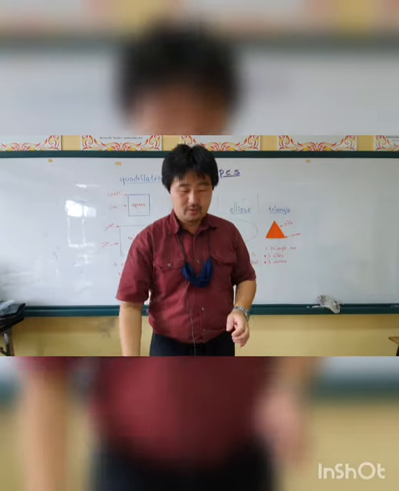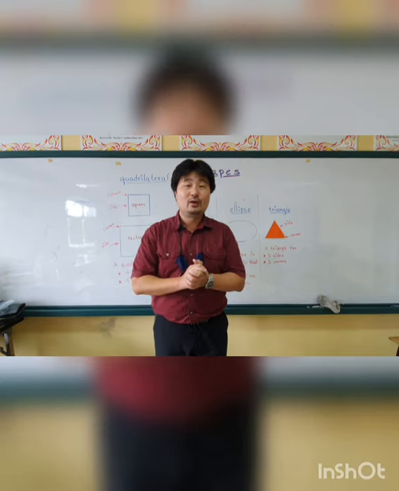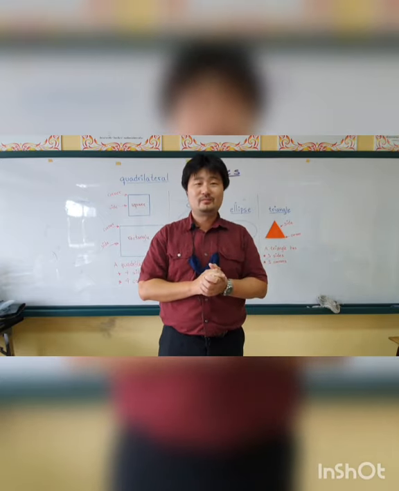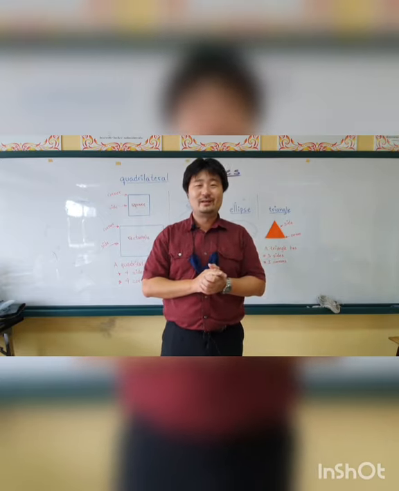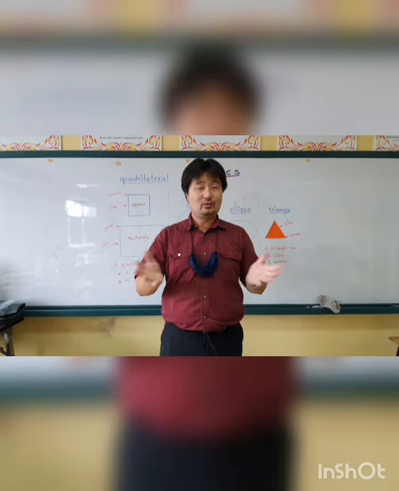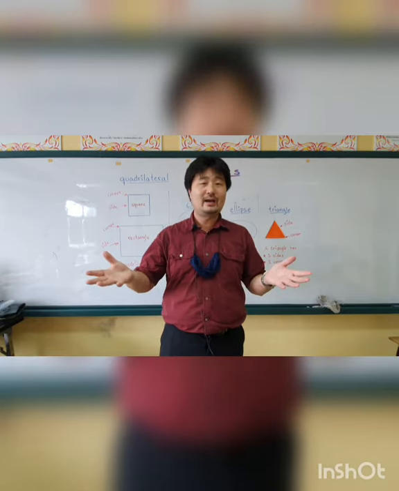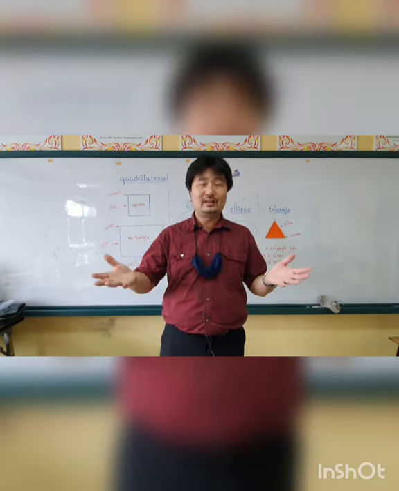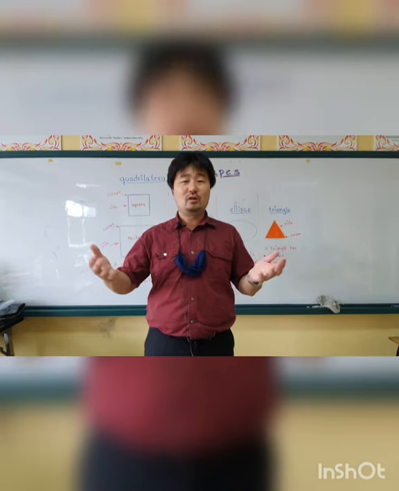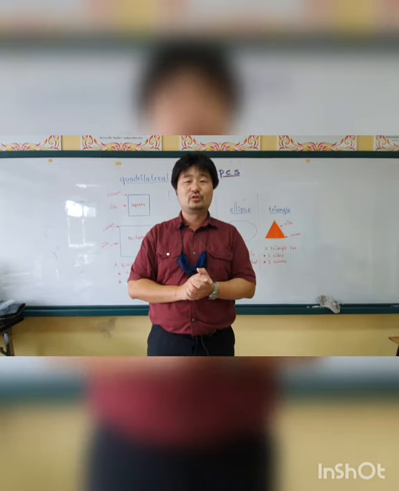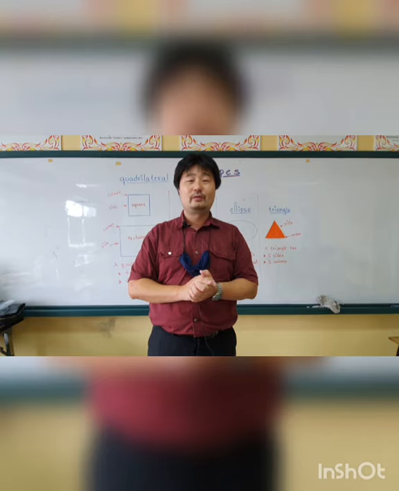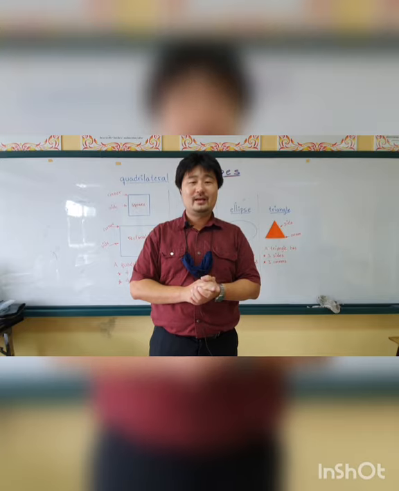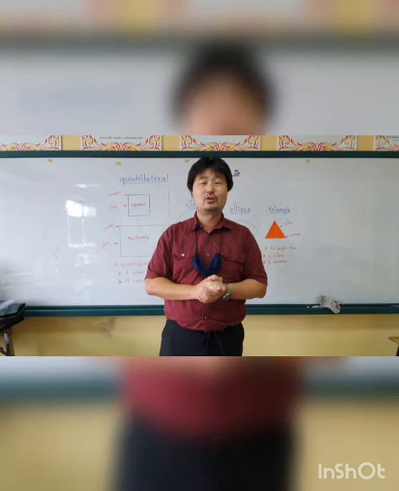All right, so I hope you have done your homework from yesterday. Find two items in your house, everyday items that are in the shapes of the shapes I just showed you: quadrilaterals, ellipses, triangles, and circles.